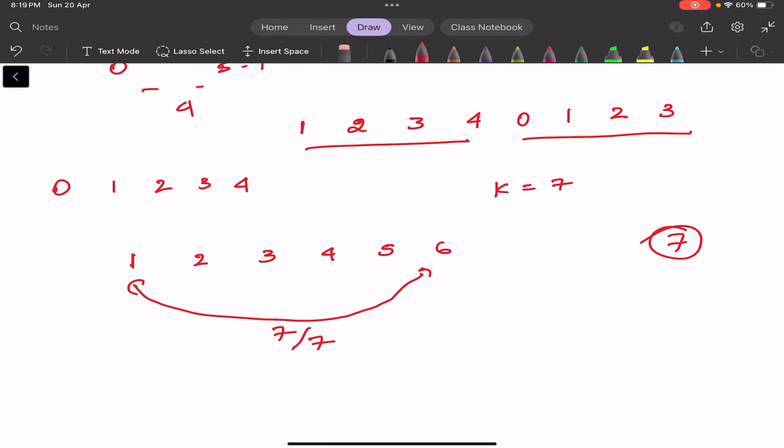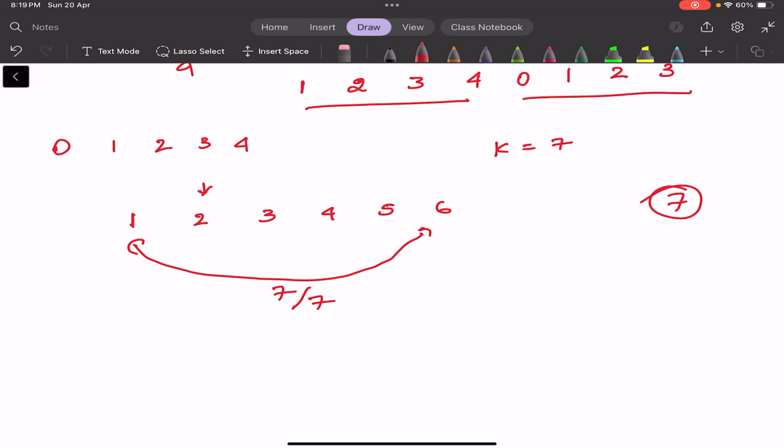Okay, so now let's move to the next number. We have 2. Adding what number with 2 will give a number which is perfectly divisible by k? 5, right? So we have 2 and 5. The same goes for 3. Adding 3 with 4 will give me 7, which is divisible by 7, right? So this is one observation.